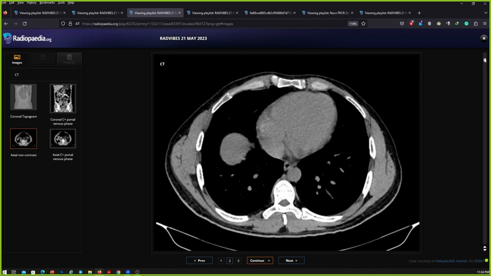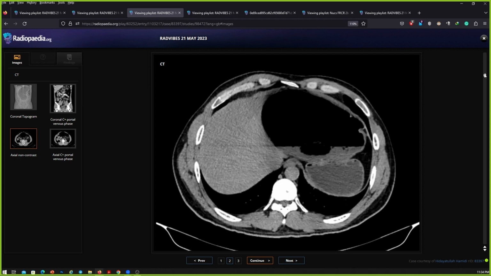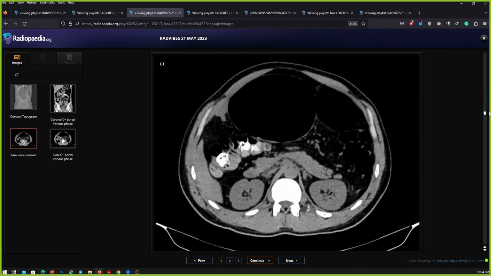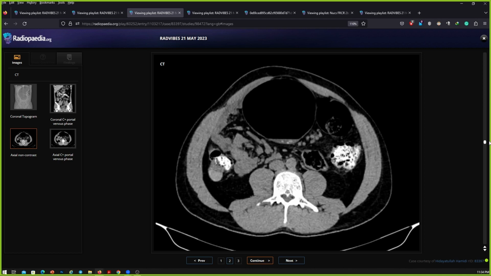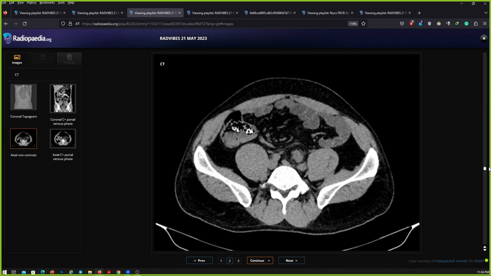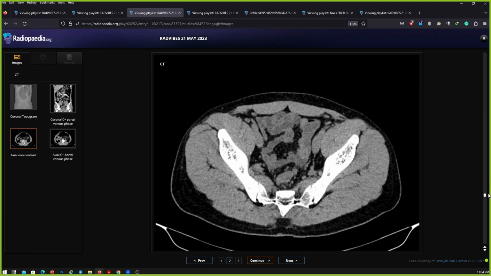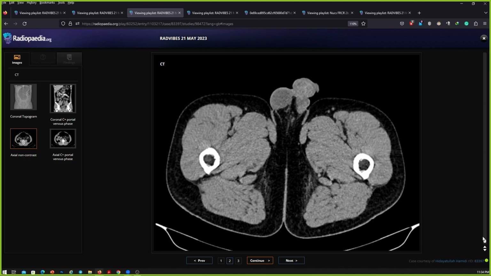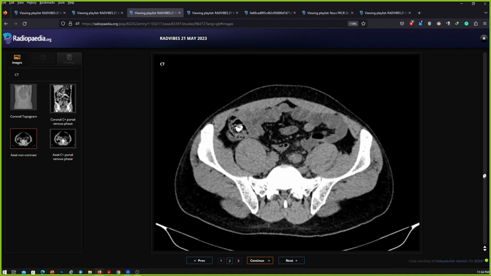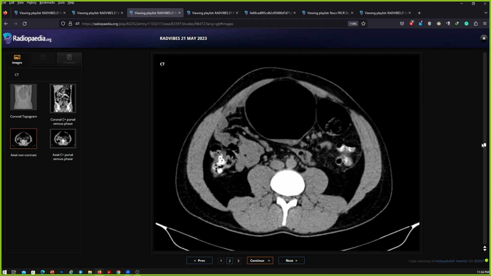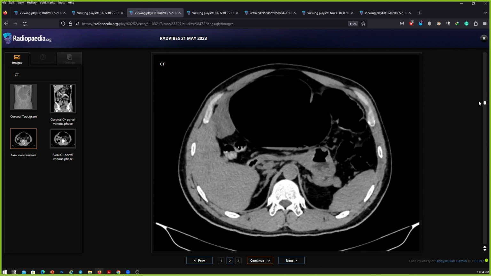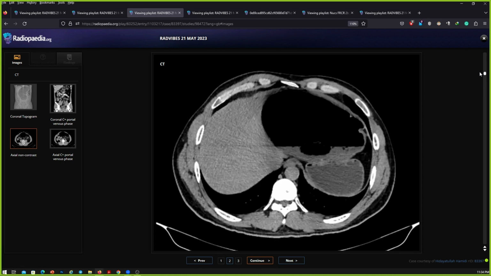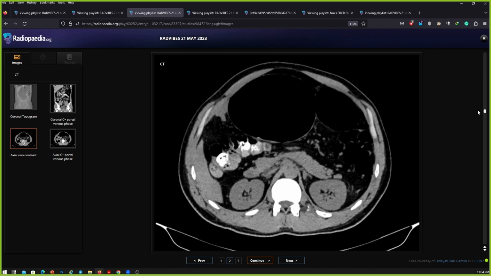I'm presented with axial section of a CT abdomen of a patient who presented with abdominal pain. I'll quickly go through the entire image first and would like to talk about it. I can see there are dilated bowel loops involving the upper as well as central portion of the abdomen.